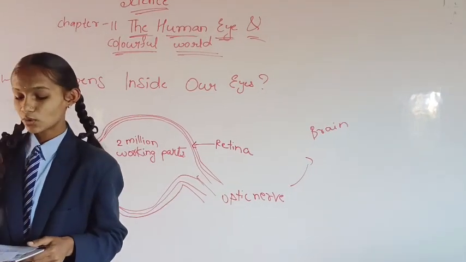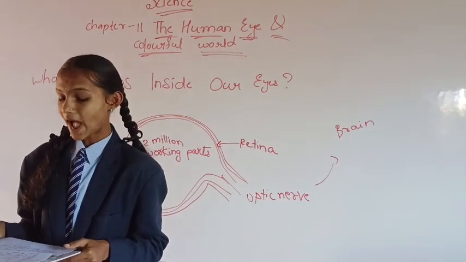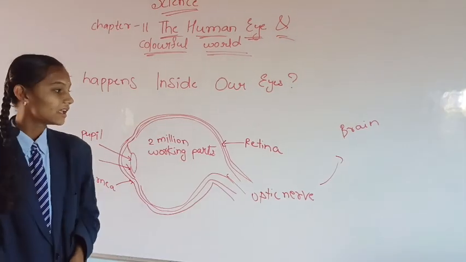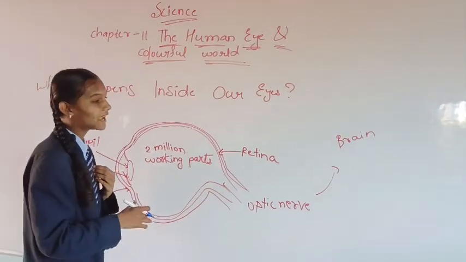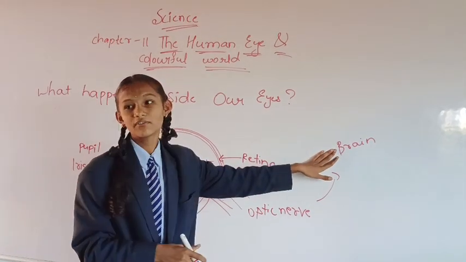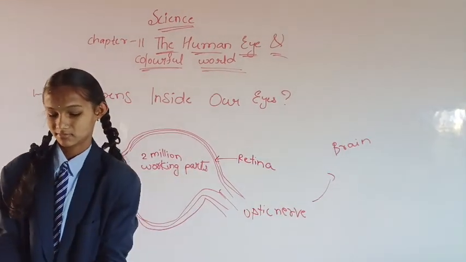All pictures the eye captures are stored in the brain in the form of memory.